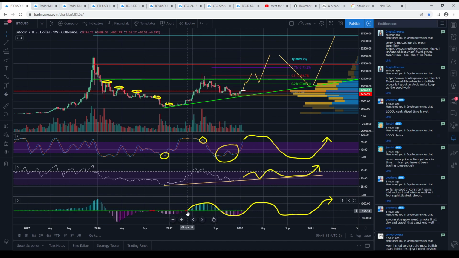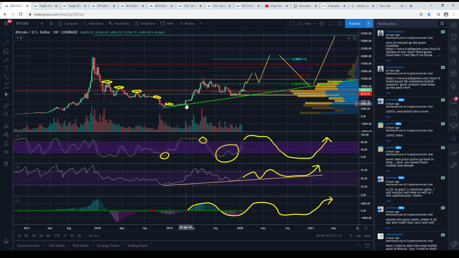We have right here, this is the TTM squeeze. It's not too relevant to this chart at the moment, but you can see the momentum last time when it squeezed along, and if it squeezes along here, that would be super confirmation. It's when this red turned to green and there was a buy signal with the blue bars.